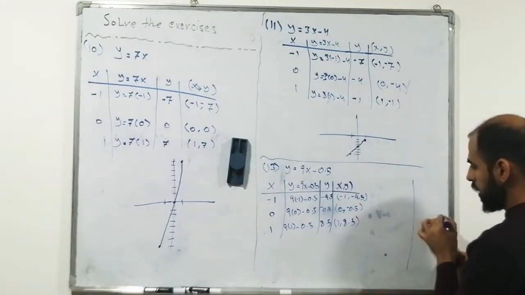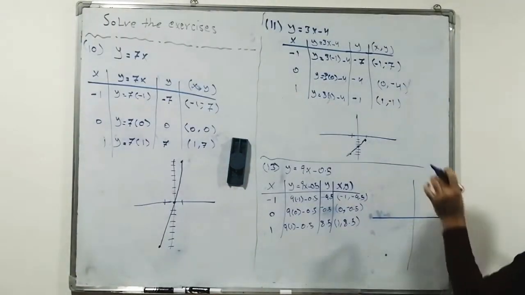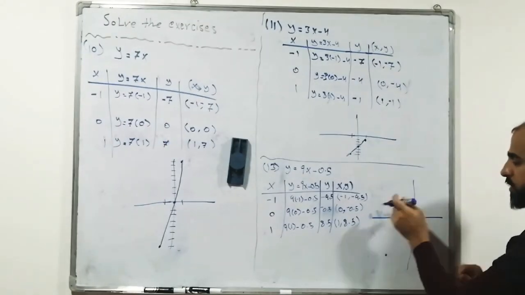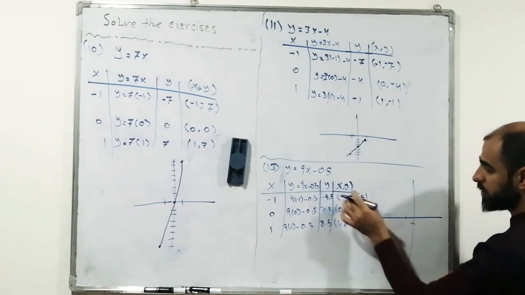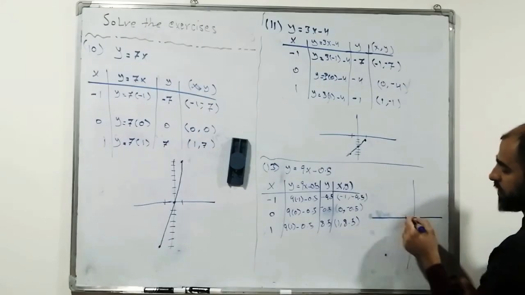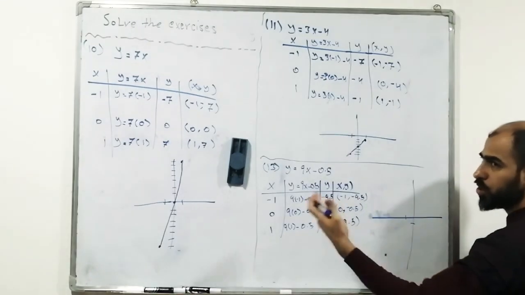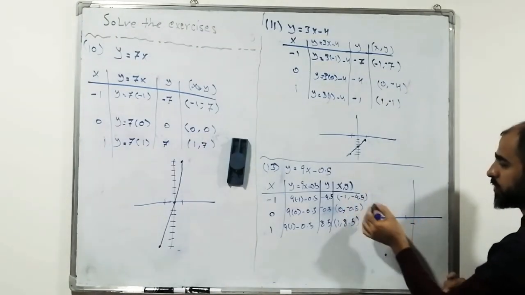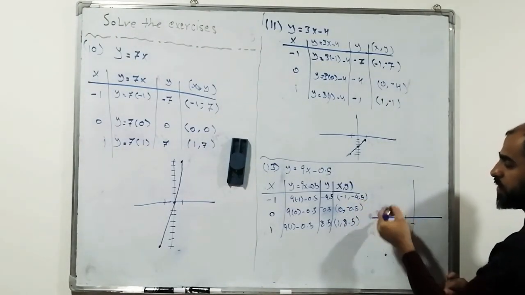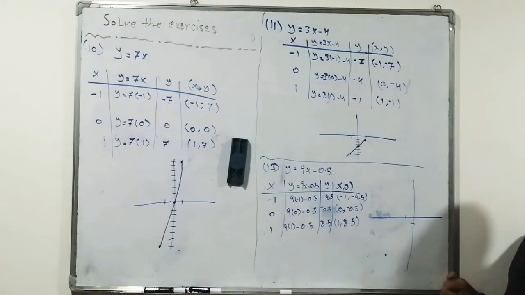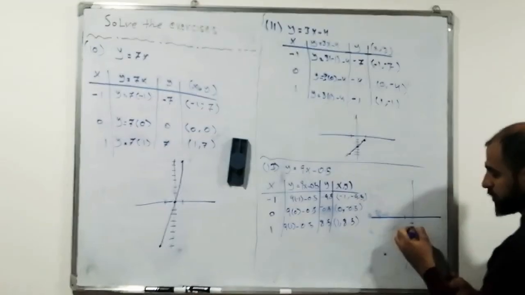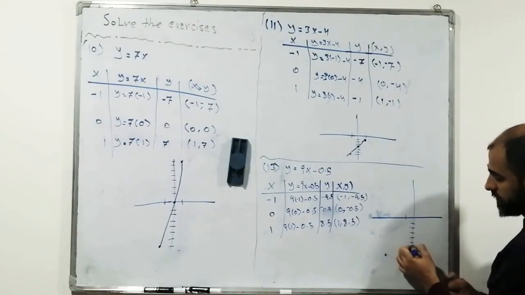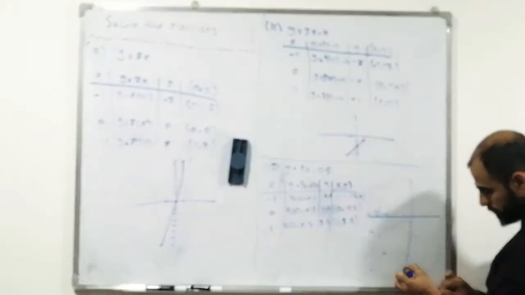Now, in the same way, determine the ordered pairs in the coordinate plane. The first one is (-1, -9.5). So -1, we go one step to the left. -9.5, we go 9.5 steps downward: 1, 2, 3, 4, 5, 6, 7, 8, 9.